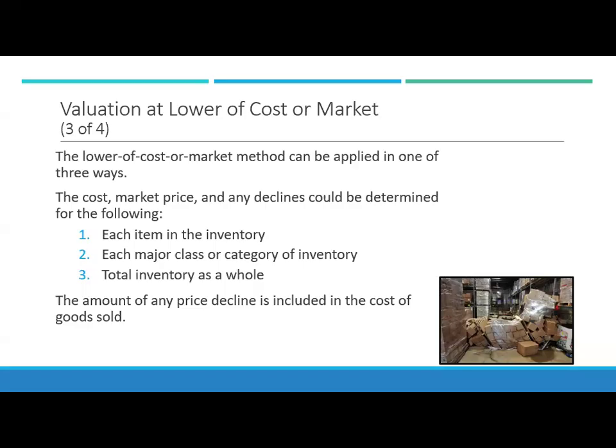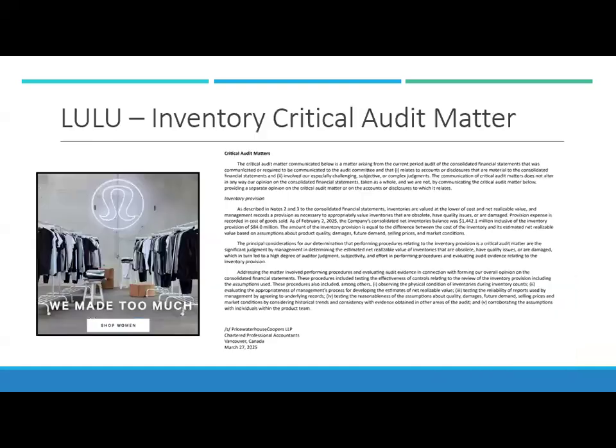We can also do each major class of inventory. Okay, this class we're just doing athleisure, we're just doing menswear, we're just doing shoes, but we're aggregating it at that level and then taking the lower of cost or market for that category as a whole. Or we can do total inventory as a whole.